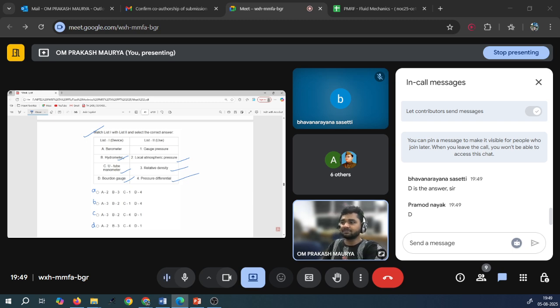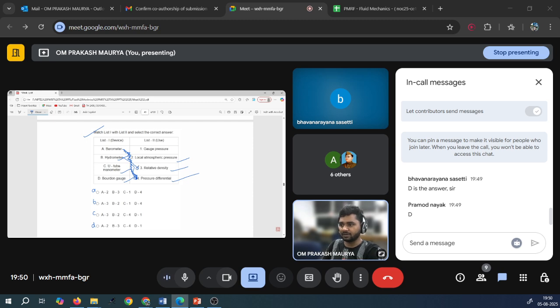So let me check. What is the use of hydrometer? What is the use of barometer? The barometer is used for pressure difference. So A will go with, oh no, barometer is not. Your hydrometer is used for relative density.